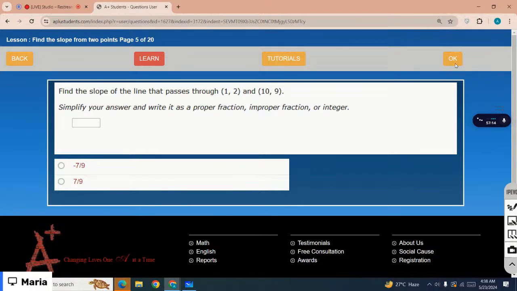The correct option is 7 over 9. Option number 2 is the correct option.